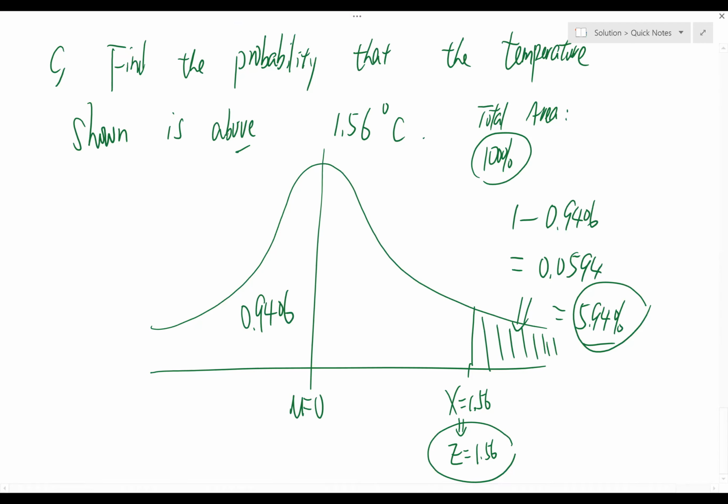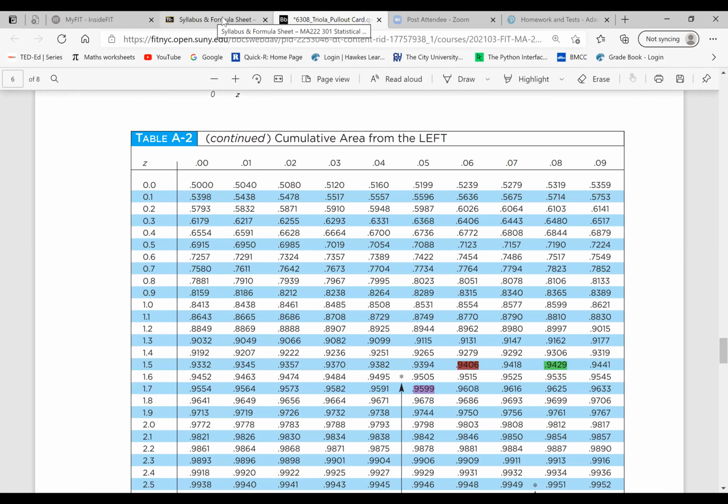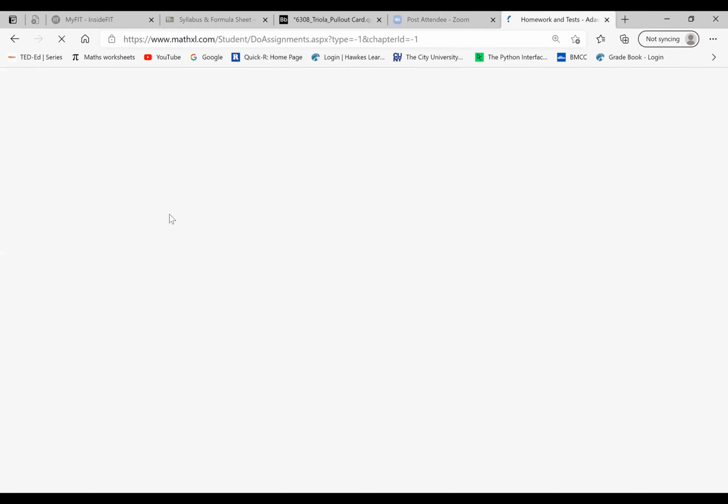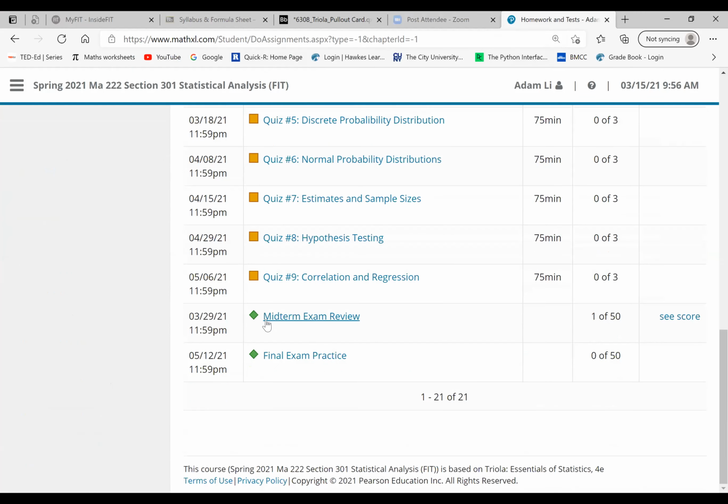Okay. And something I really want to mention one more time. Before next Monday, I really want you guys to try the midterm exam review, right? You should definitely try it yourself first. It's available now. You can try it as an assessment of how you did in the first 5 chapters. You also get a better idea what will appear in your actual midterm exam.